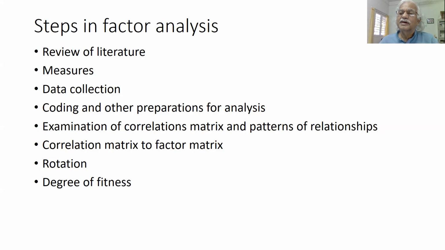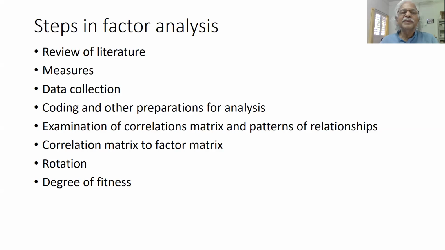How? By going to libraries or by using search engines on computers. And how did you finally arrive at articles, books, documents, data, which became part of your review of literature? Then you develop some measures to study a variable in a very general sense, say alienation or modernization or empowerment.